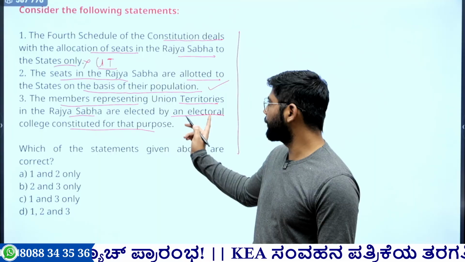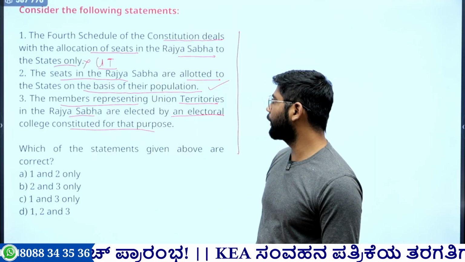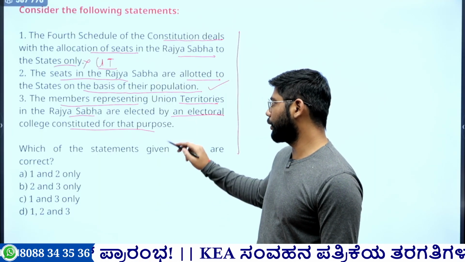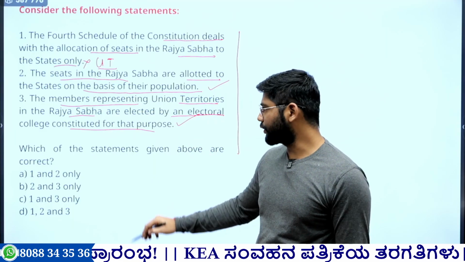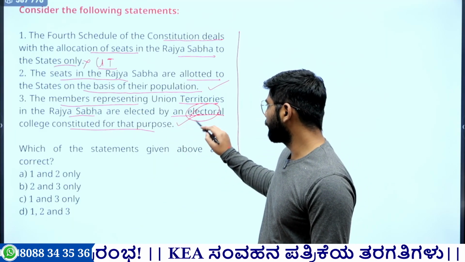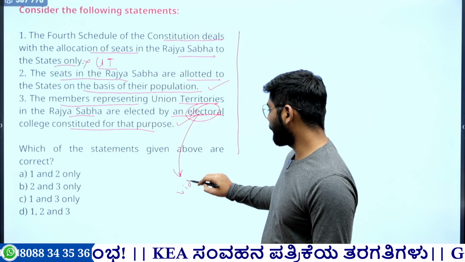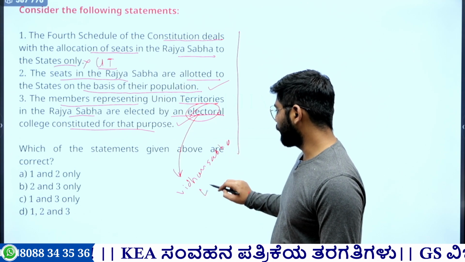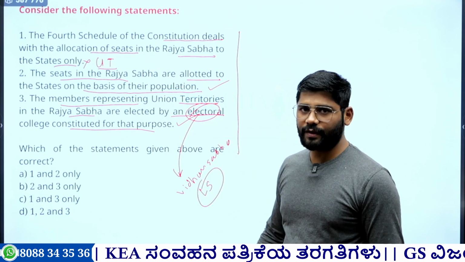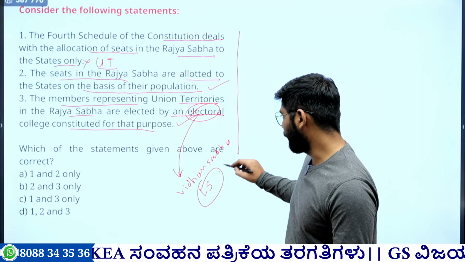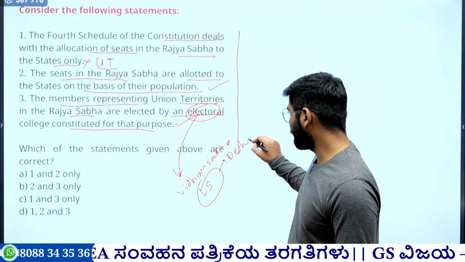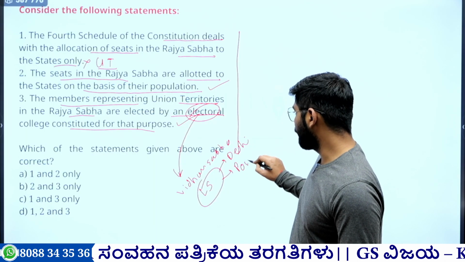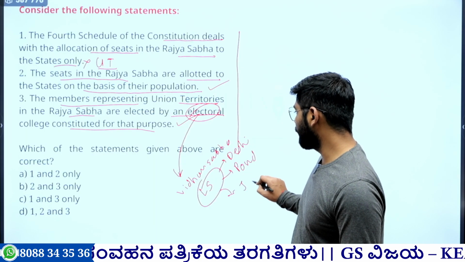Last one, the members representing Union Territories in Rajya Sabha are elected by the electoral college constituted for that purpose. Yes, it's talking about the electoral college, nothing but the Vidhan Sabha or Legislative Assembly, and this Legislative Assembly is present in only 3 Union Territories: Delhi, Pondicherry and Jammu and Kashmir.